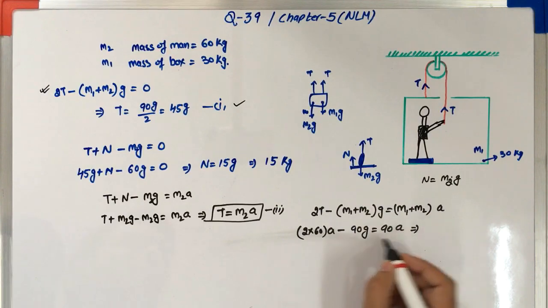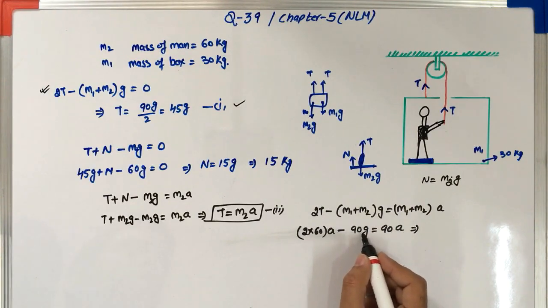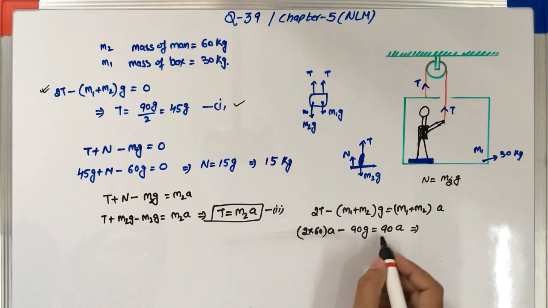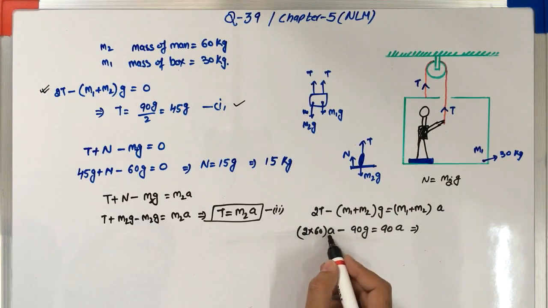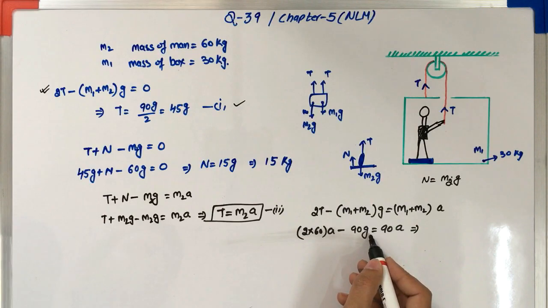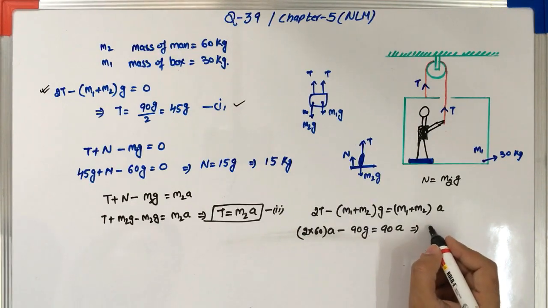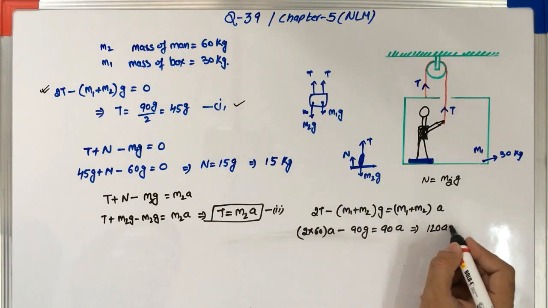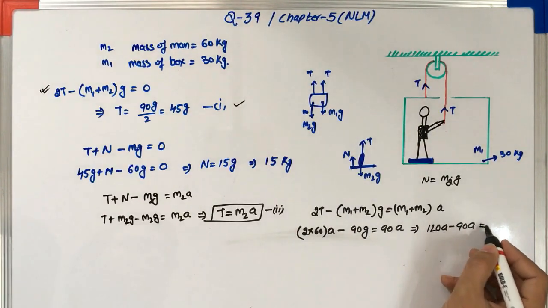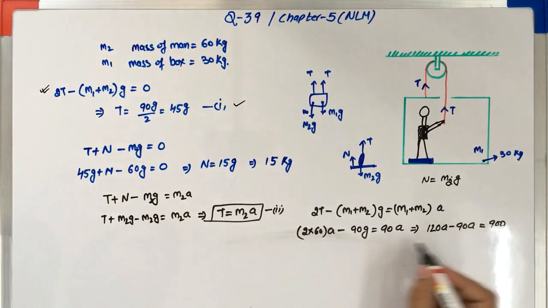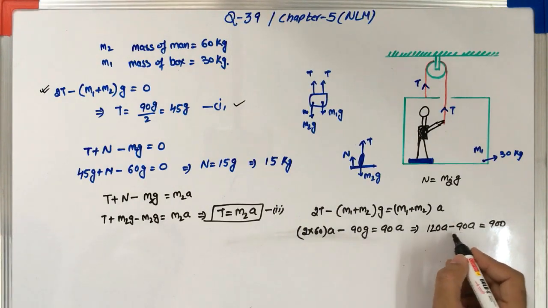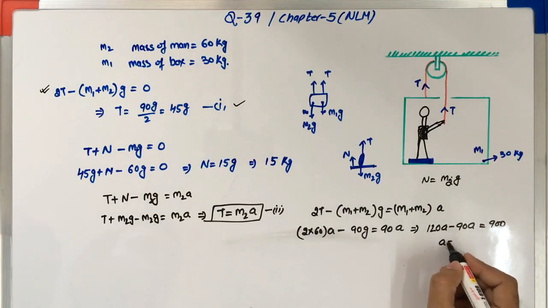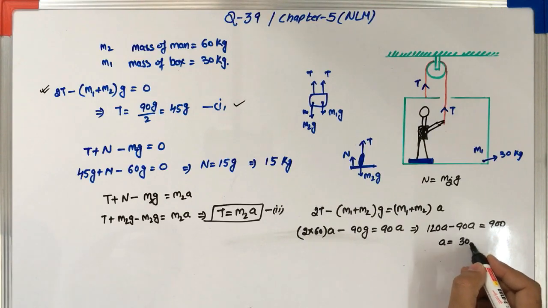If I put the value of g as 10, this becomes 120a minus 90a is equal to 900. I took the value of g as 10. After solving this, the acceleration will become 30.